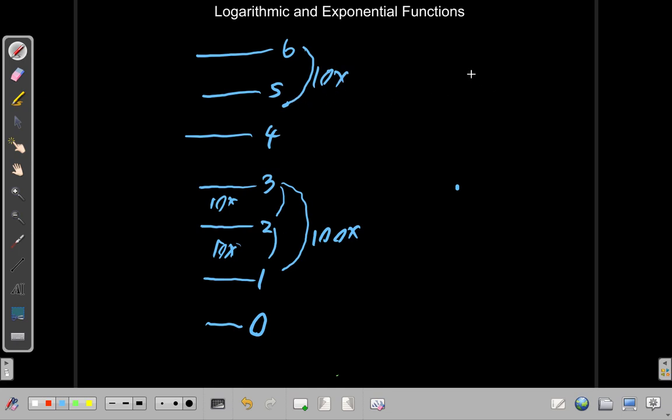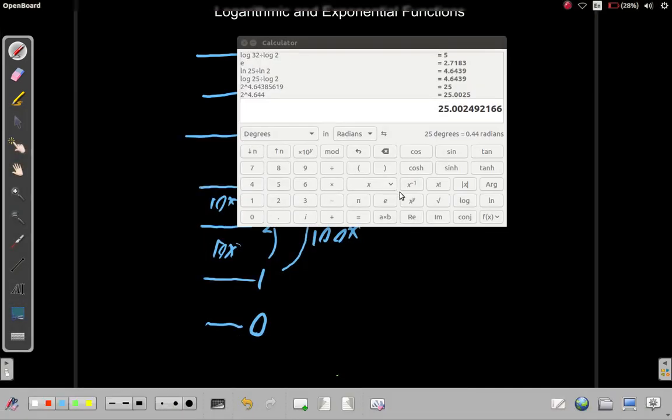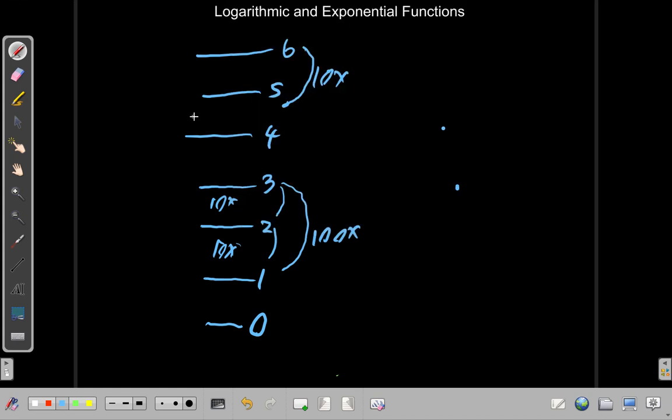And so on. Remember, when we find logarithms and we say the logarithm of 10 is 1, log 100 is 2, log 1000 is 3, and so on and so forth.